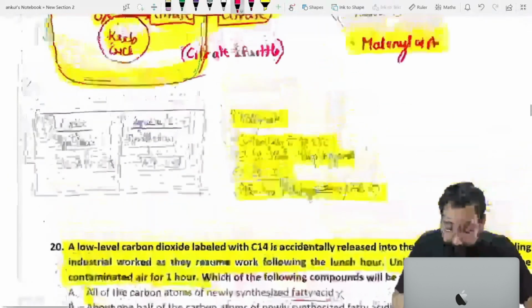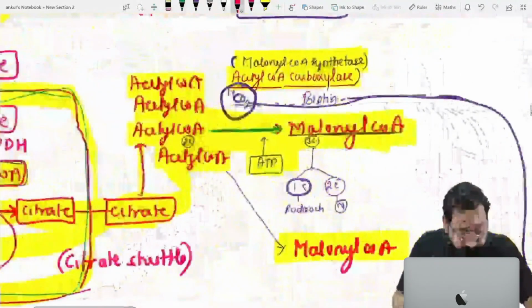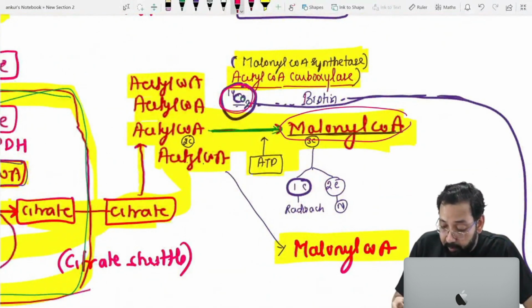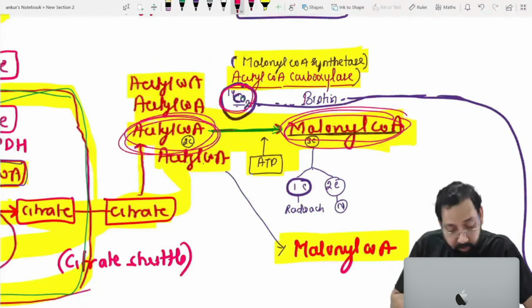So when fatty acid is being synthesized and this radioactive carbon is there, in malonyl coenzyme A, the acetyl carbons are normal, but the malonyl carbon is radioactive. Out of 3, 1 would be radioactive.